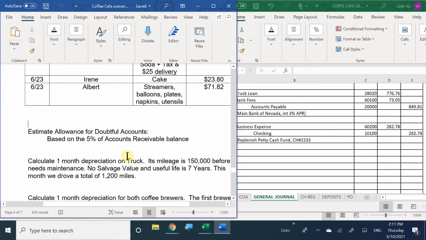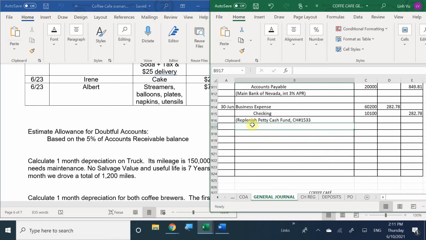Okay. So then, what happened next? We estimate that some people aren't going to pay, based on 5% of accounts receivable. This one stumped me.